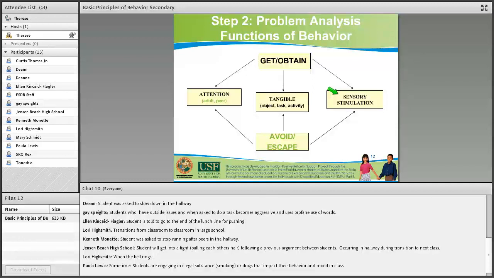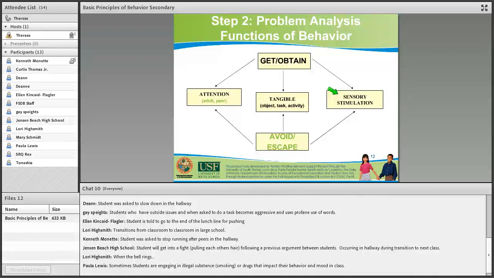So when you're making your hypothesis about why a behavior is occurring, you want to break it down and try to understand it in these very, very basic terms. One thing that we see frequently when schools do brief functions of behavior or brief assessments of behavior is that they'll say a student's doing something because he wants to have control.